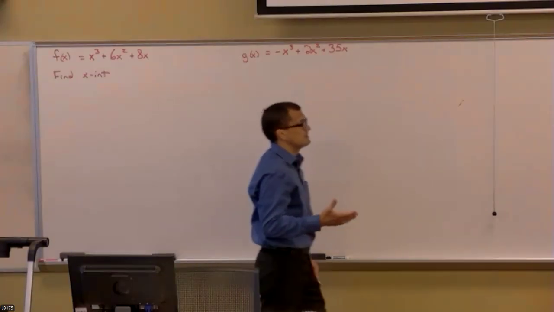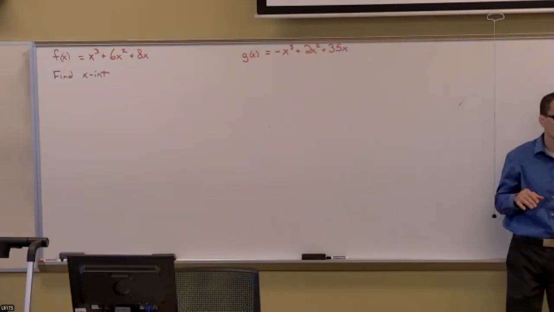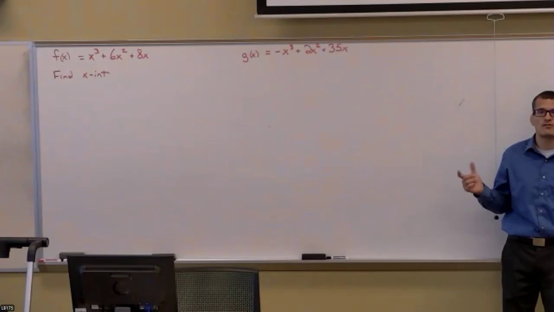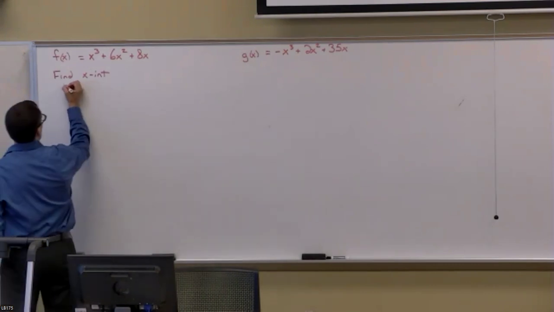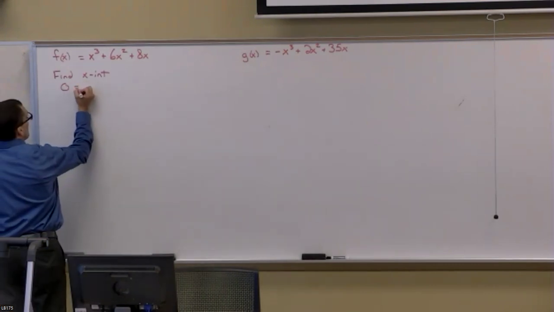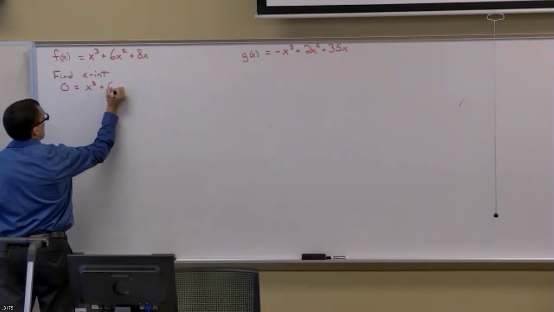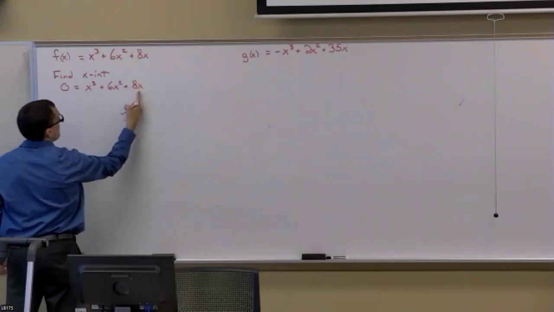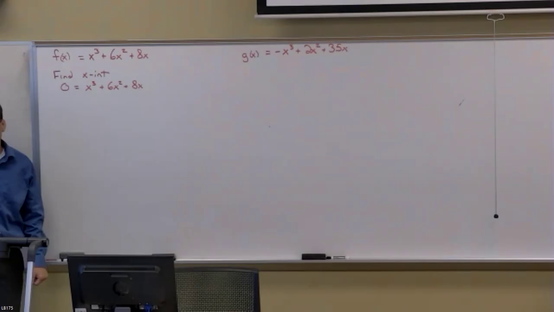If it's not already factored, then we need to factor. Now on both of these, the nice thing is this is a third degree polynomial, and each term has a factor of x.